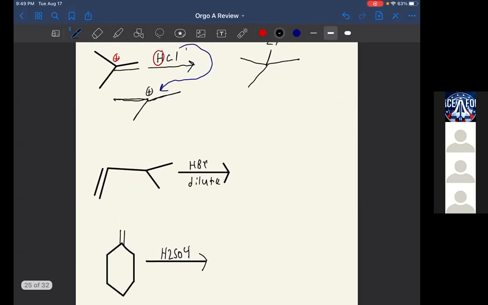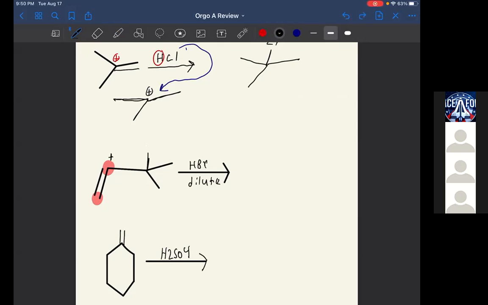So for example, the next one: is the carbocation going to form here, or is it going to form here? The carbocation would form here technically, because that would then allow it to make a more stable carbocation with a hydride shift here.